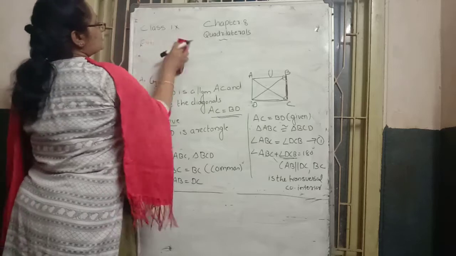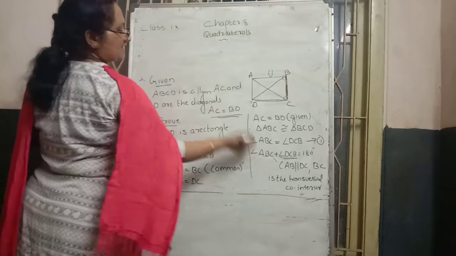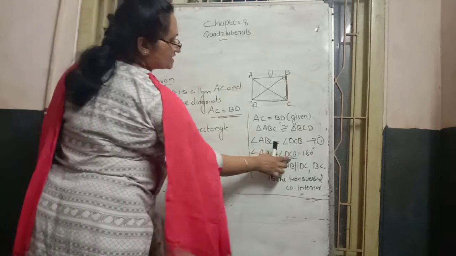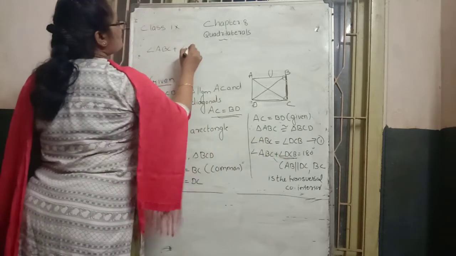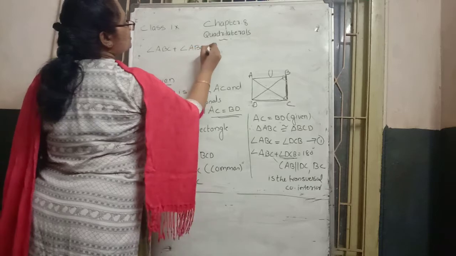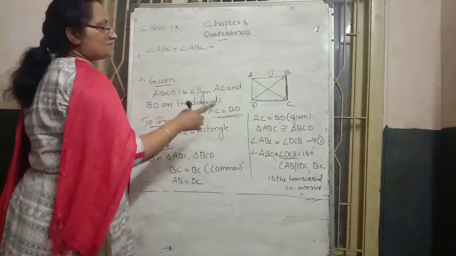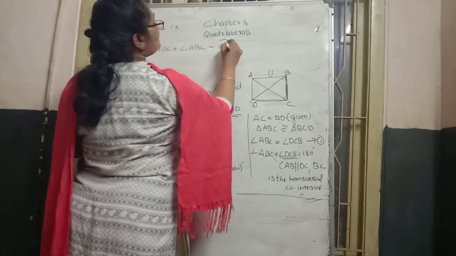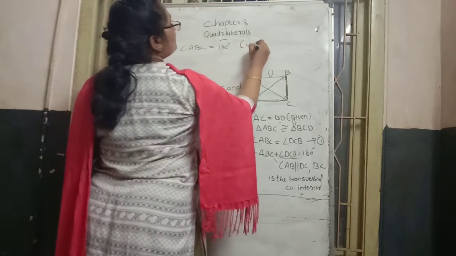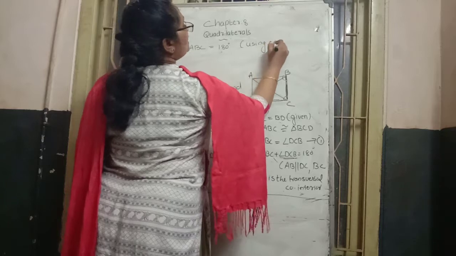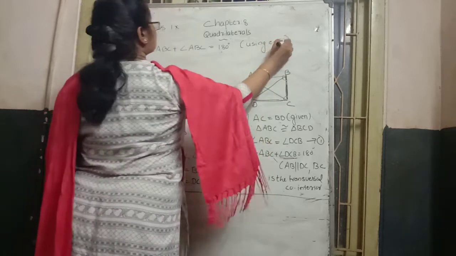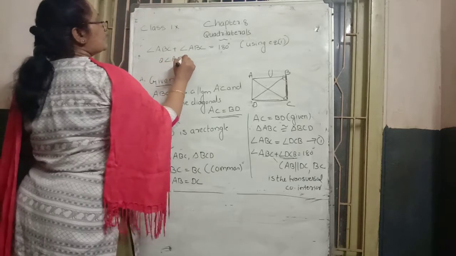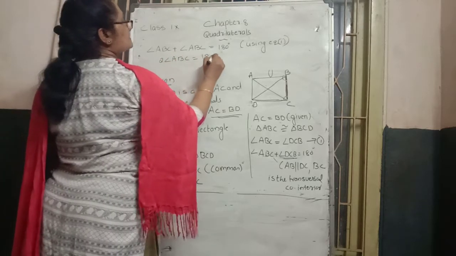So we write angle ABC plus angle ABC, and the right side is 180, using equation 1. How many angle ABC are there? 2 times angle ABC is equal to 180.